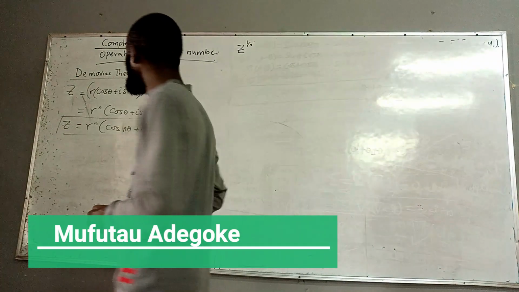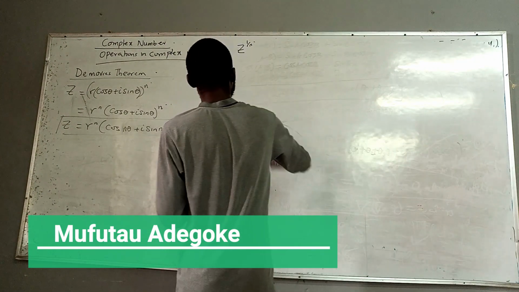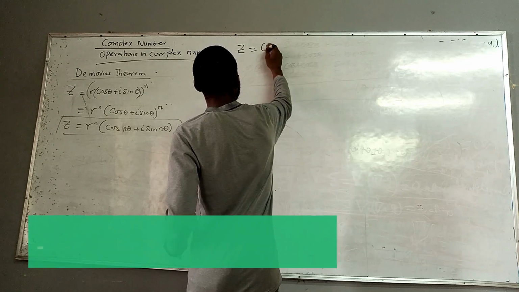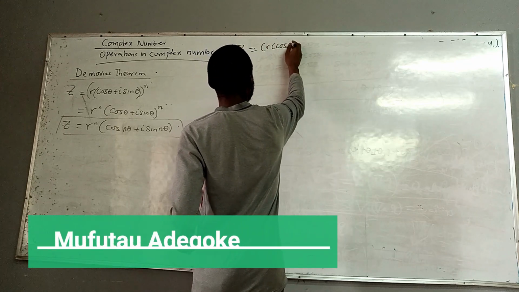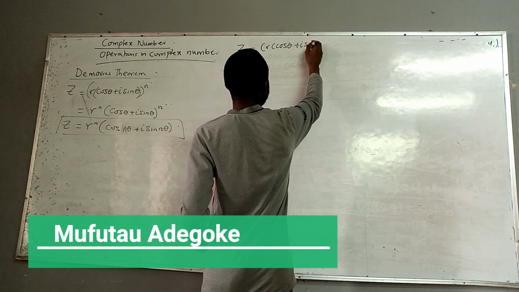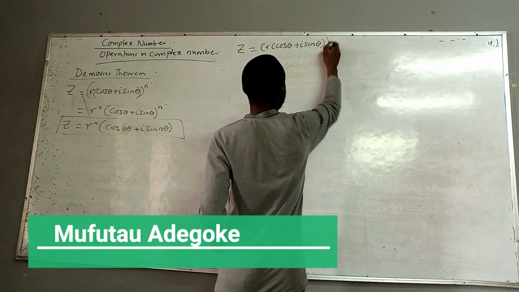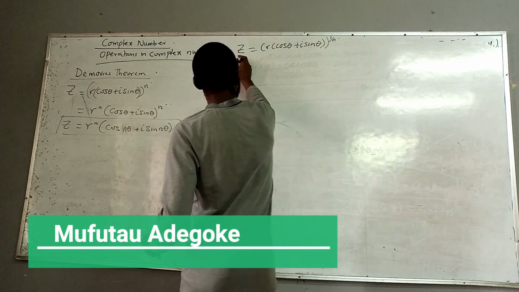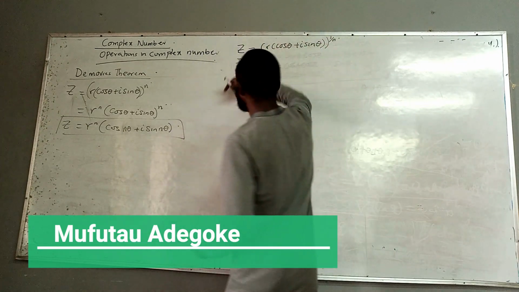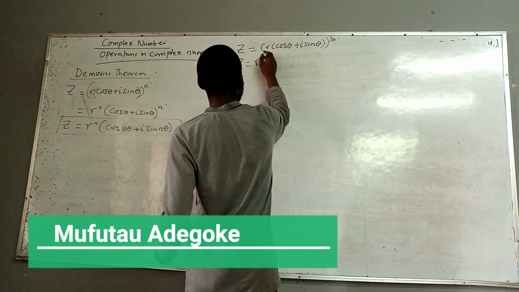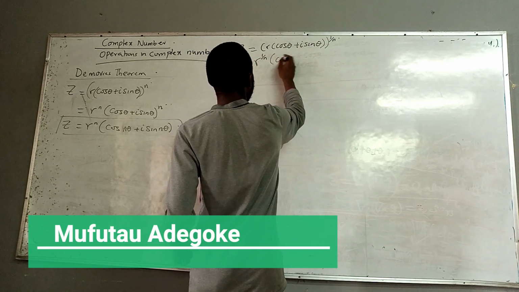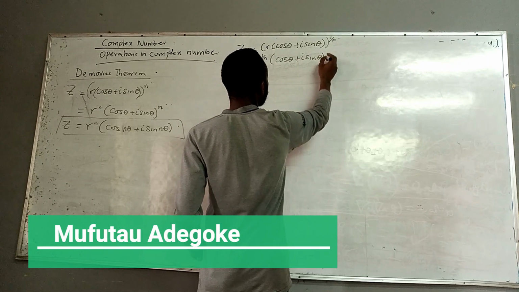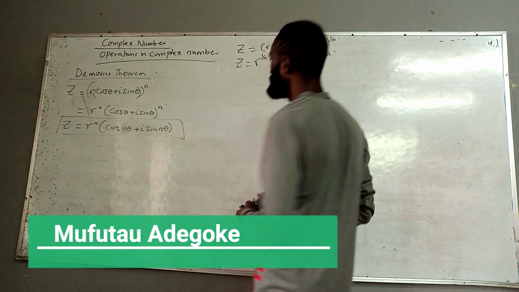It's also De Moivre's theorem. It says that your z, which is r (cos theta plus i sin theta), raised to power of 1 over n, then my r can take the power the same way we did here: r raised to power 1 over n into (cos theta plus i sin theta), everything raised to power 1 over n.